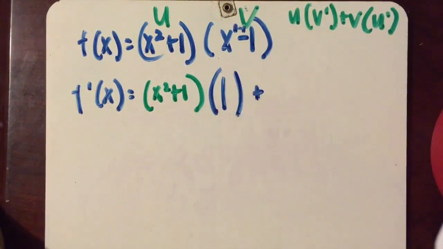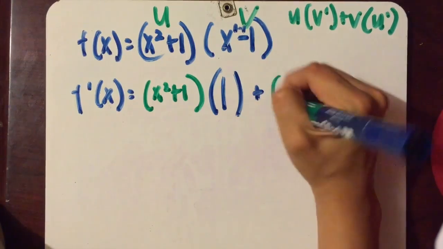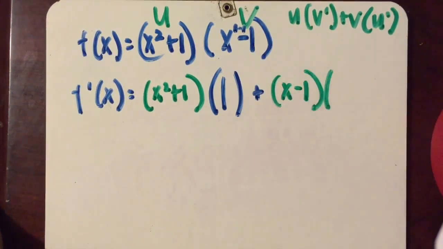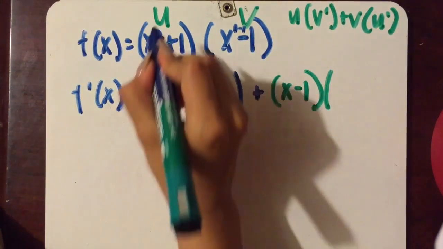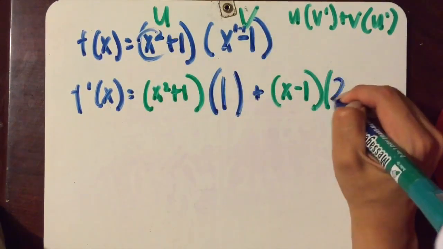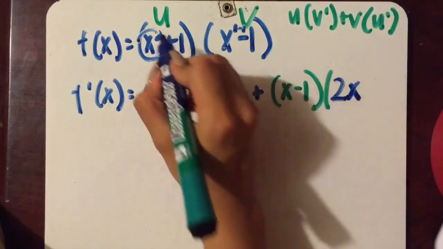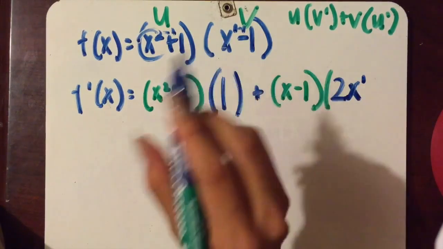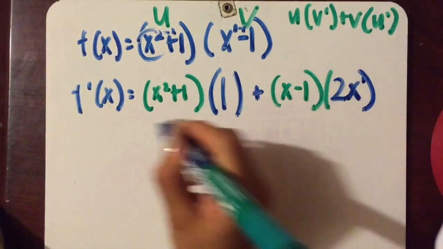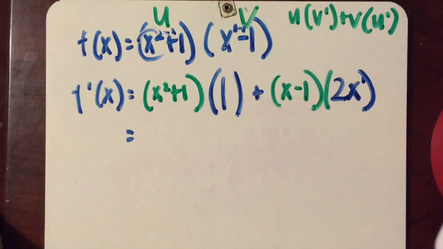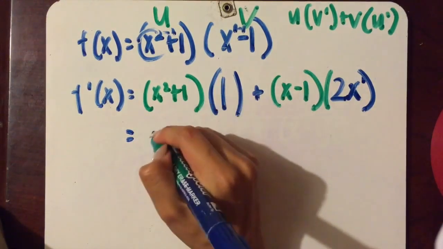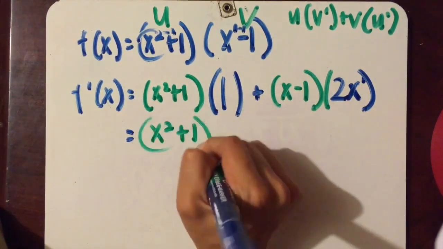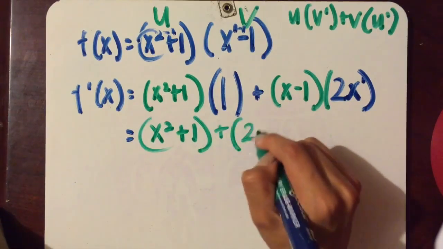Plus, we keep the second, which is x minus 1, times the derivative of the first, so we bring down our 2 to get 2x, and then 2 minus 1 is just 1, and the derivative of a constant will always be 0. So that's just that.